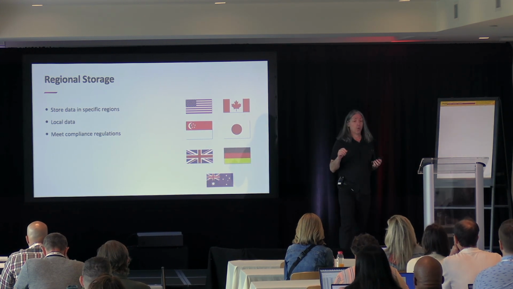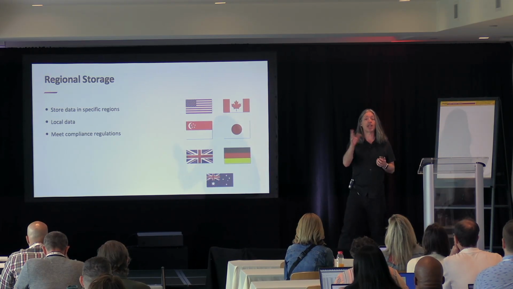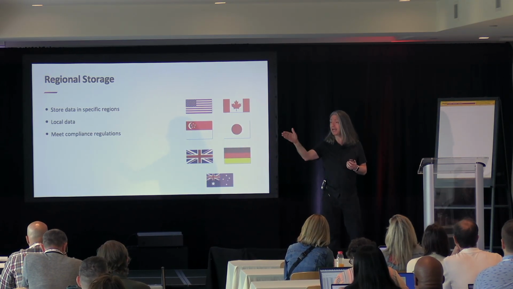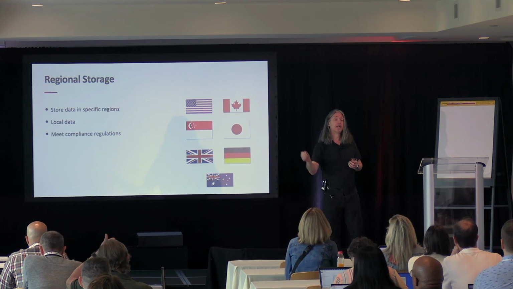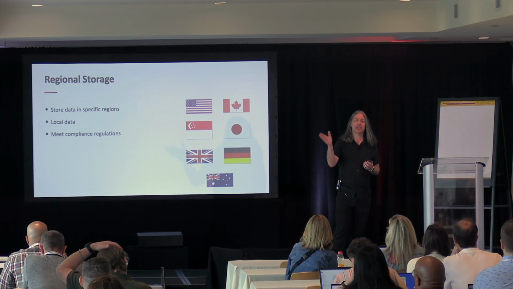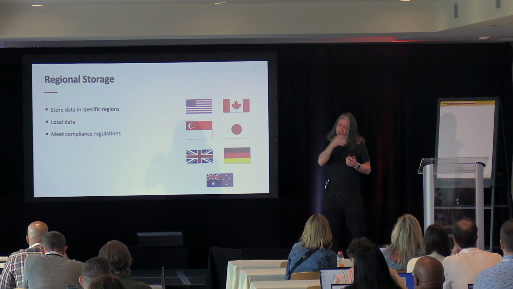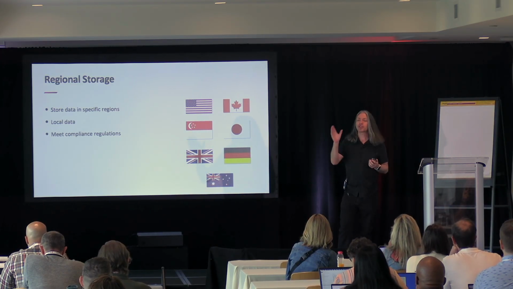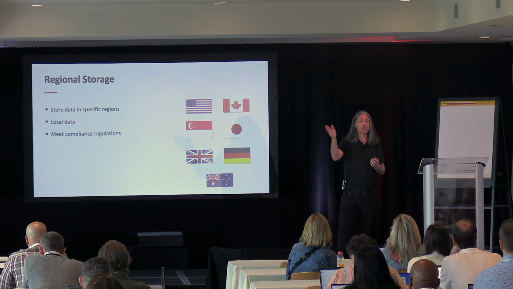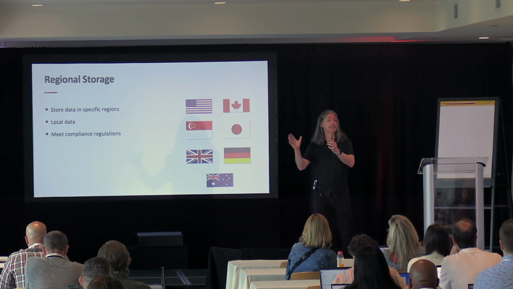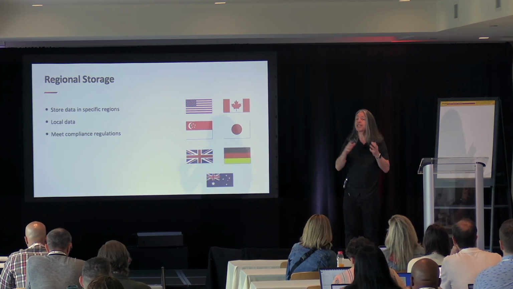Oh, and by the way, we even make it magical for you if you change your mind. If you place a folder in Canada and you go, oh, I meant to pick Japan, because that's a common mistake, I meant the other Canada, Japan, red and white flags, right? When you change the setting on the folder, we will migrate the data seamlessly for you, and it just keeps working.